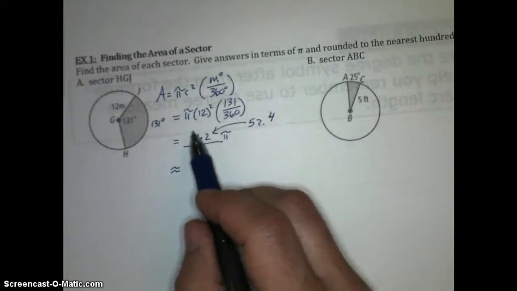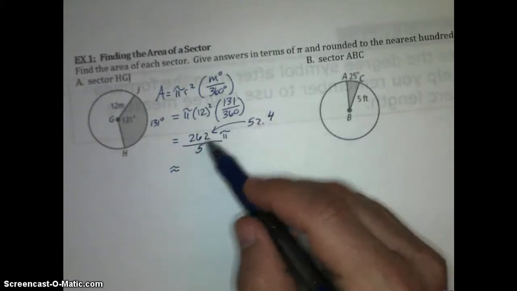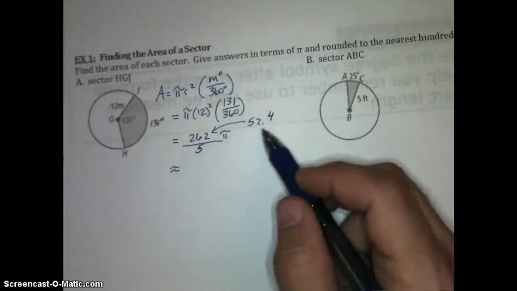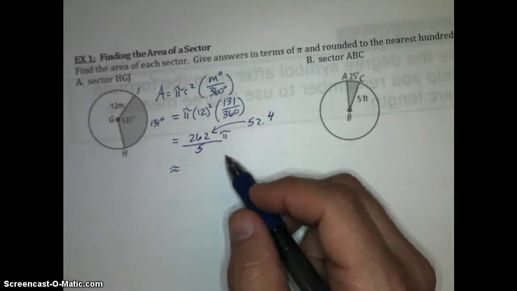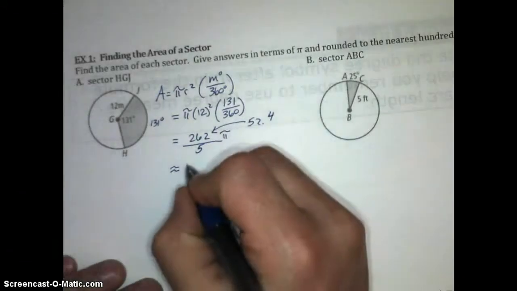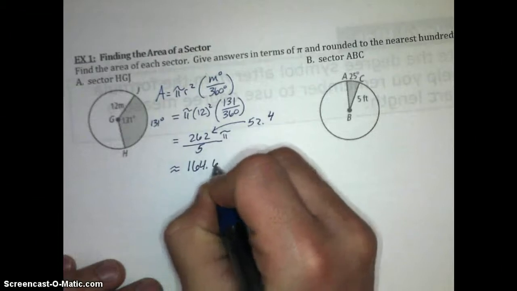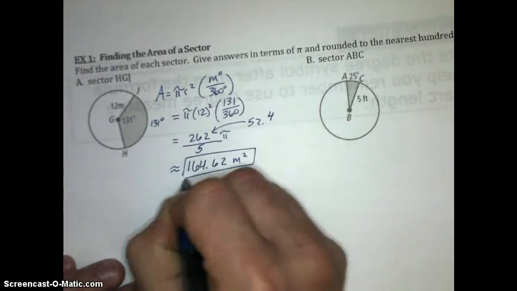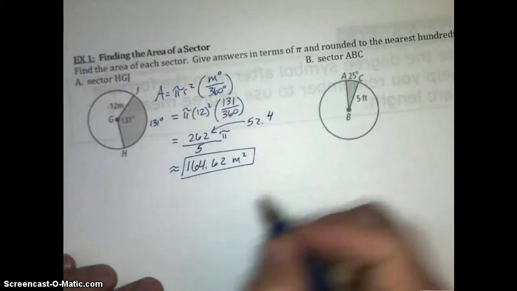This is the fraction we get to reduce. If you actually divide that out and don't write it as a fraction, you would have gotten 52.4 pi, and you can write it that way because we don't have to round. But then we need to multiply by pi, and we should get that our approximate answer is 164.62 square meters. Remember, we're finding the area of a sector, so we're talking square meters for our unit of measure.